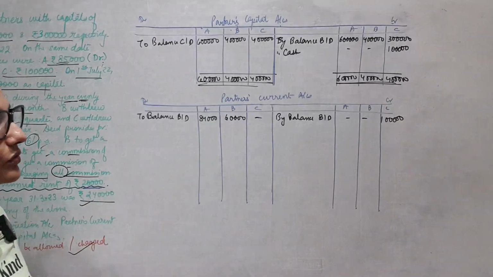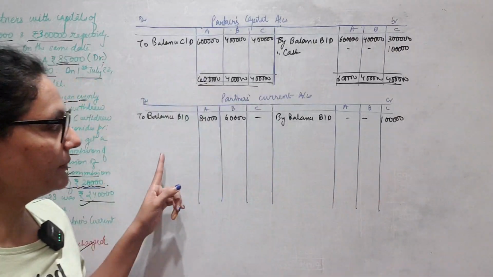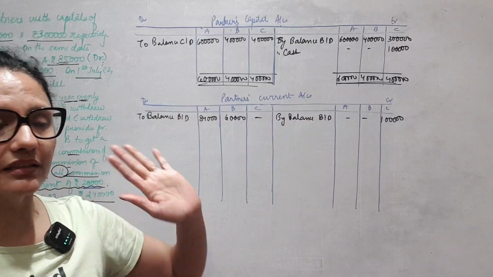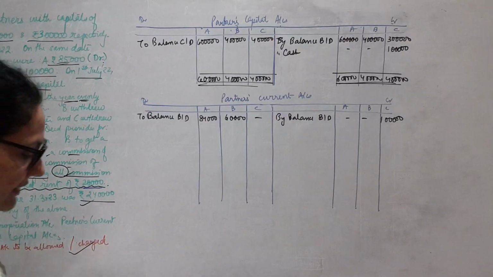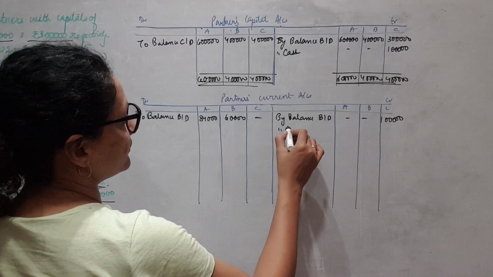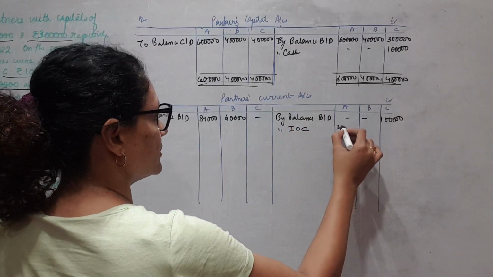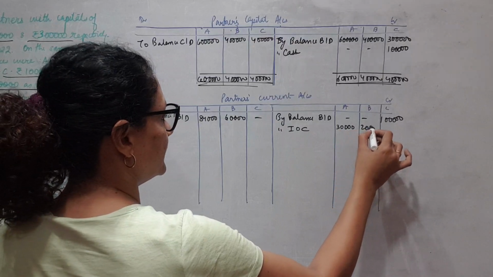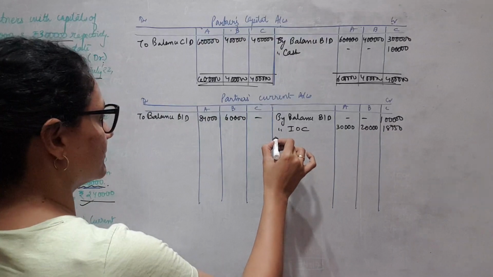Okay. Please note debit and credit balances. Debit balance will come in the debit side. Credit balance will come in the credit side. Then let's see what all they have got. They have got interest on capital. All of them have got interest on capital, which is 30,000, 20,000, 18,750.